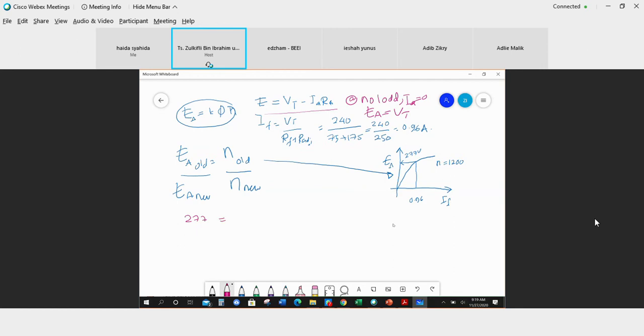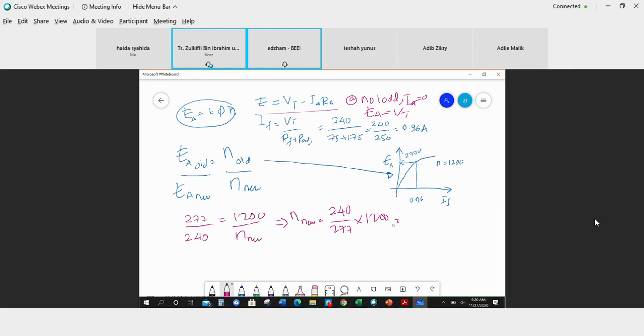So now your old value is 277 V, your old speed is 1200 RPM, divided by EA new is 240, and the new speed you don't know. So now your new speed is equal to 240 divided by 277 times 1200.